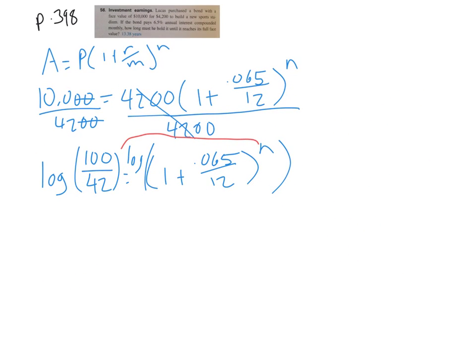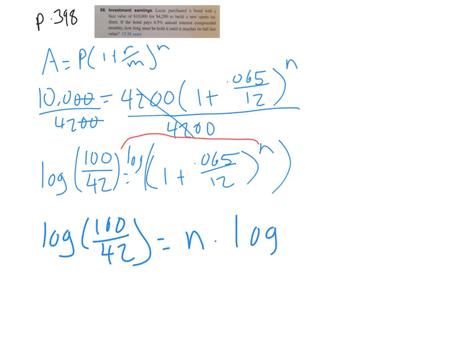So when that happens, this looks messy because I don't want to do anything in the calculator till the last step. But what we have now is log of 100 over 42 equals n times, so that exponent came down, log of this whole mess.